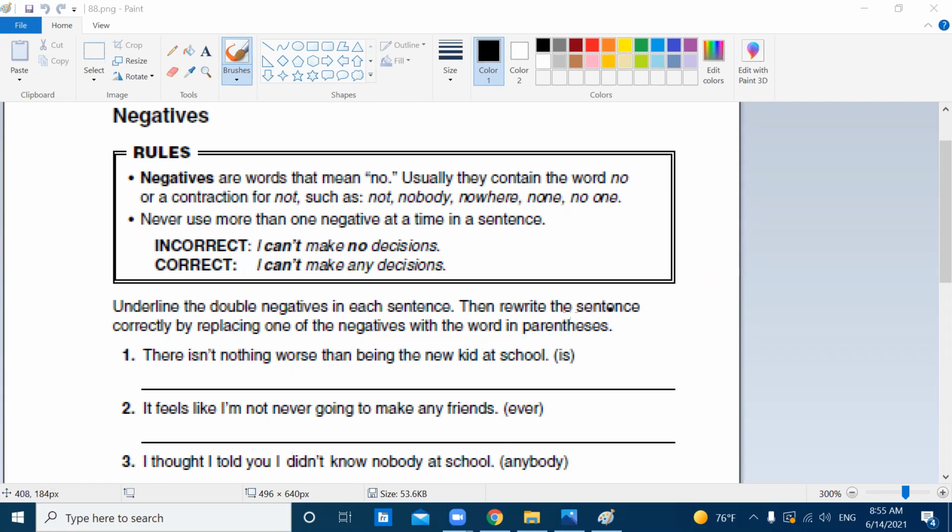So you have to use the word is to correct the sentence. Which word do you change? There is nothing. That's right. There is nothing worse than being the new kid at school. That's correct. So we change isn't to is.